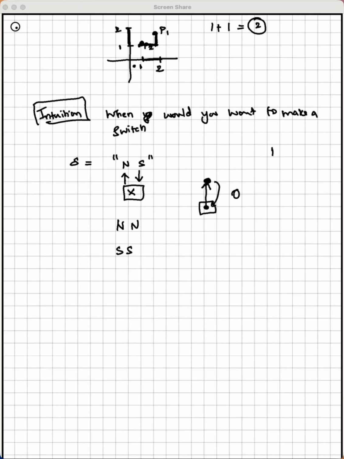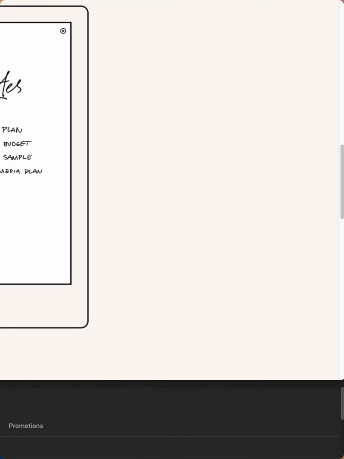What about NE? This is good because from here you go north, and then from there you go east. So what's the distance? The overall distance is 1 plus 1, 2.